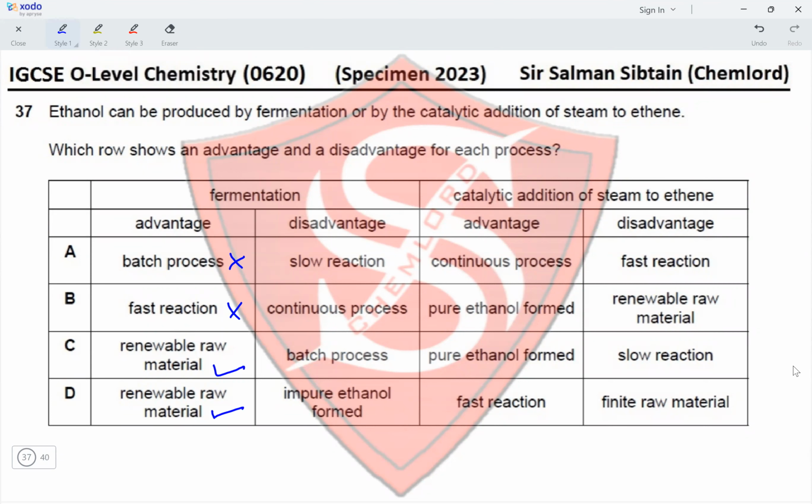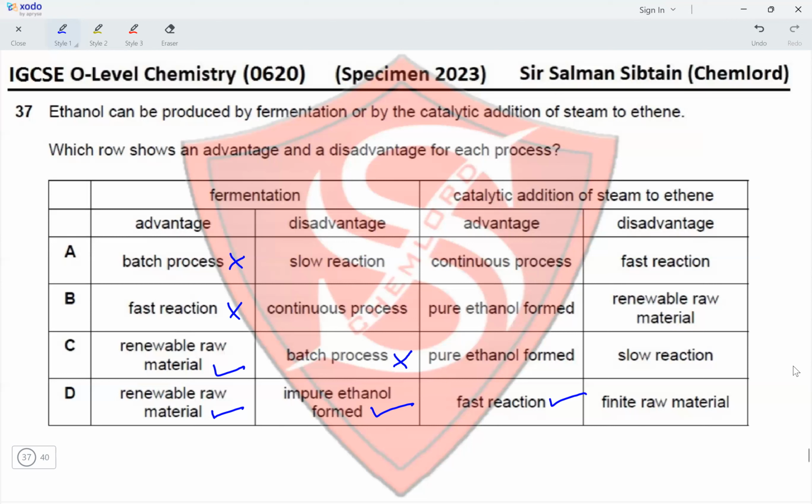And the disadvantage of fermentation is batch process, no. Impure ethanol formed, yes, because the ethanol formed would be mixed with a lot of other materials. So it won't be pure ethanol. And for catalytic addition of steam to ethene, the reaction is fast. Yes.